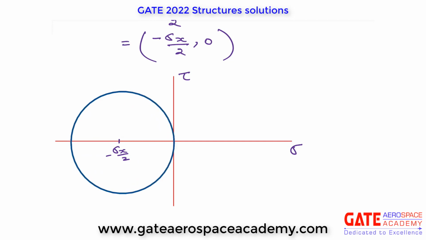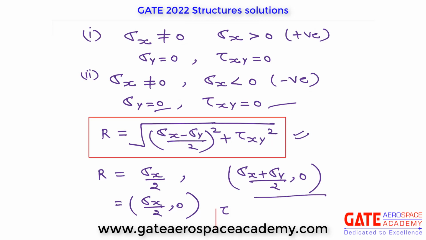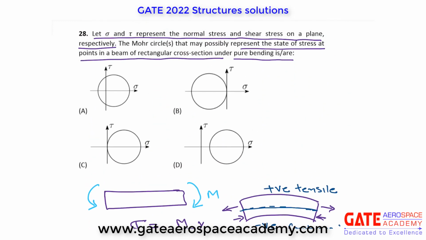So this will be the Mohr circle for case 2, means for fiber which is below the neutral axis, and there will be compressive stress. Now let's see the options. So we got this and this. So both B and C are correct options.